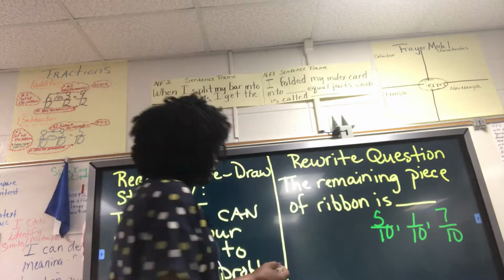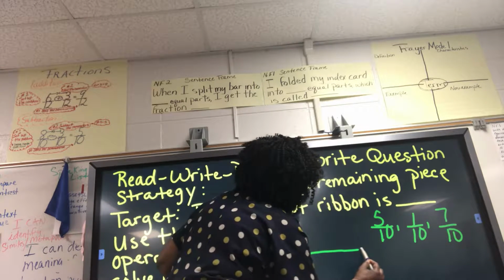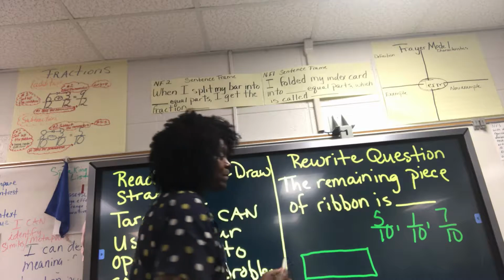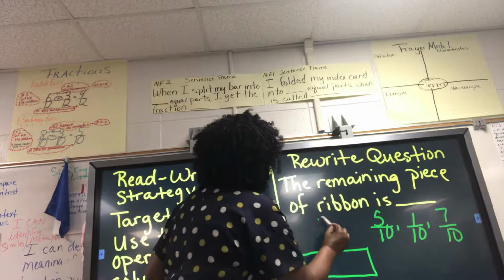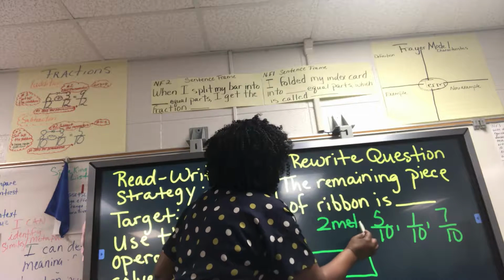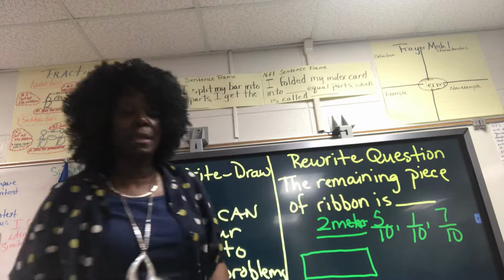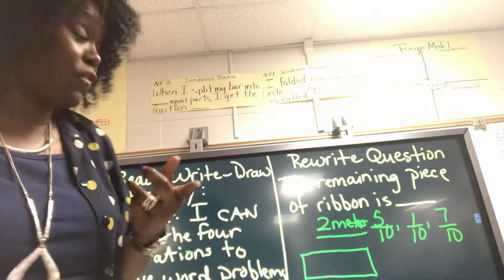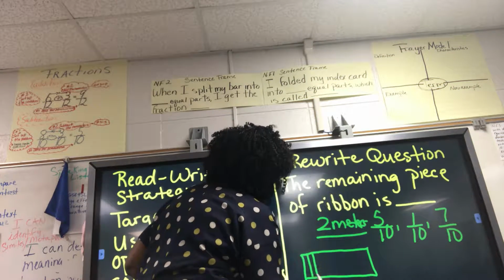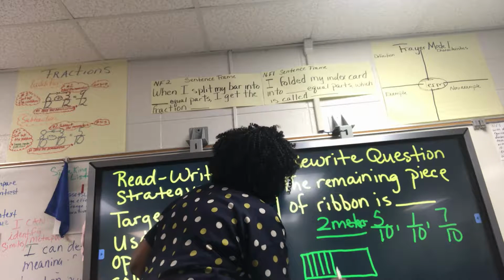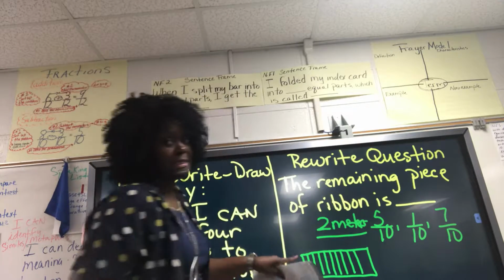All right, so let's get this done. Miss D is going to go ahead and draw the model. And remember, oh, I forgot one thing, and I know somebody caught this. We also need to put 2 meters up here, because that's how many meters of ribbon we started off with. 1, 2, 3, 4, 5, 6, 7, 8, 9, 10.